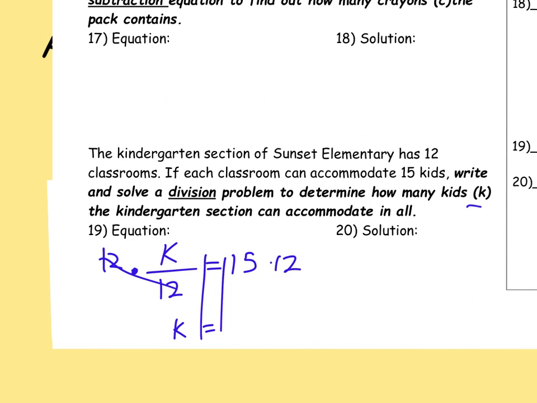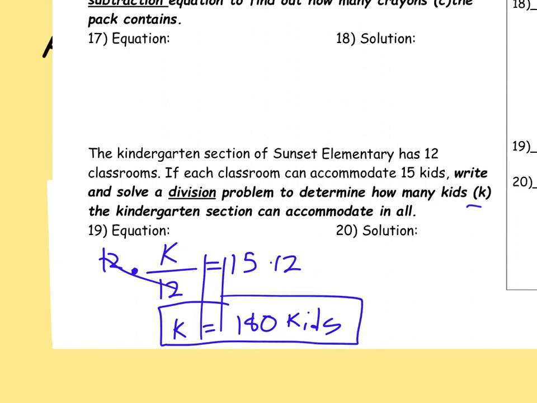12 times 15, let's see what that is. 12 times 15 is 180. So we have 180 kids. That's what K stands for, right? So there we go. There's our equation. There's our solution.